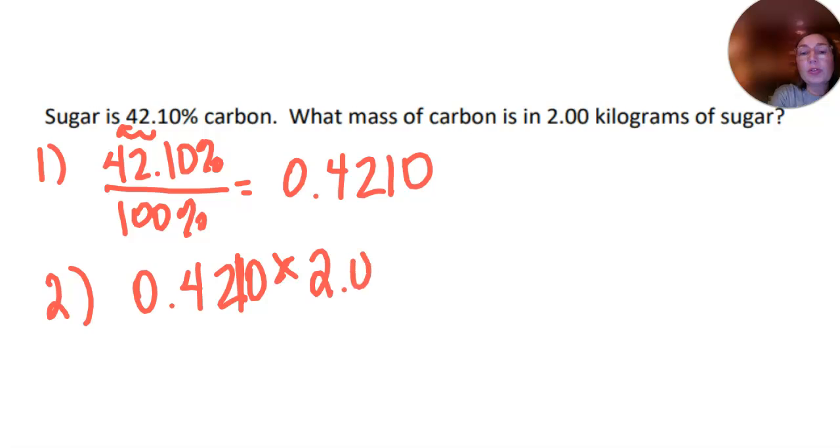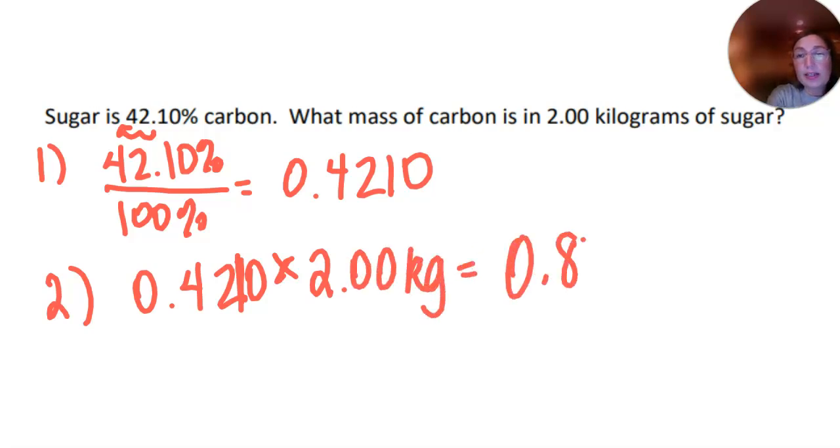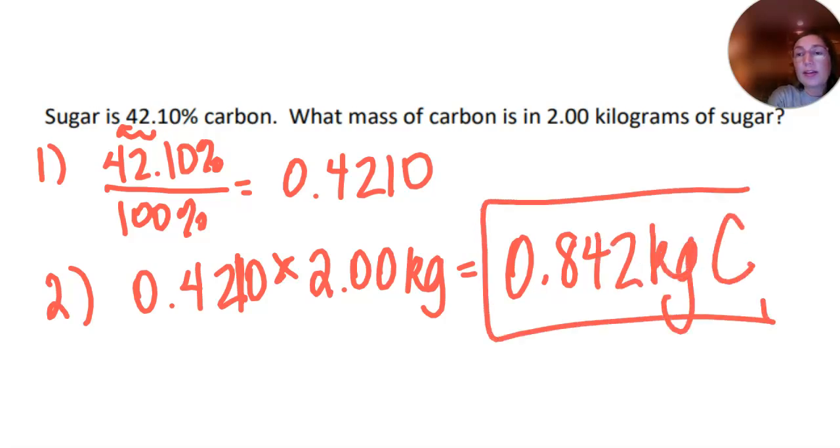The total is 2 kilograms, and you will get 0.842 kilograms of carbon in the sugar. Woohoo, that's it. So that concludes how to calculate these percent compositions, and also other problems, like if you're given the percent composition, how to figure out the mass associated with it.